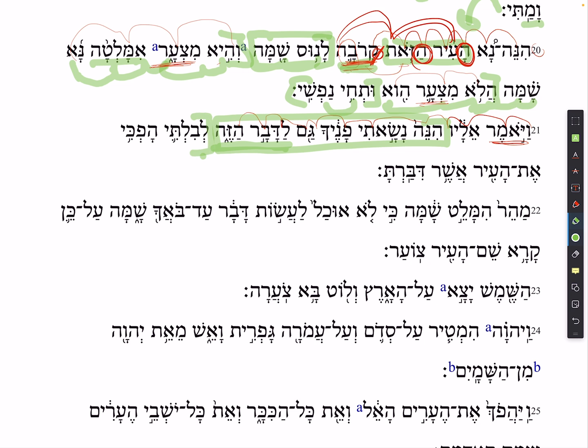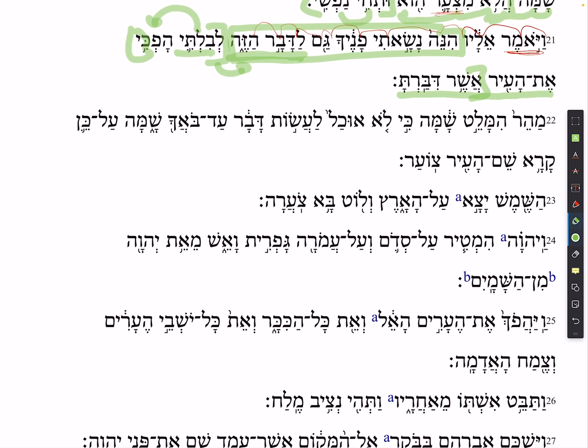Levilti, for, so dependent clause opener, levilti. Bilti is a negation, and he negates here an infinitive construct with a subject suffix. For I not destroy, or not flip, hafach is flip, right? I not flip around the city of which you have spoken about, asher. I will not flip the city, for not me flipping the city which you have talked about.